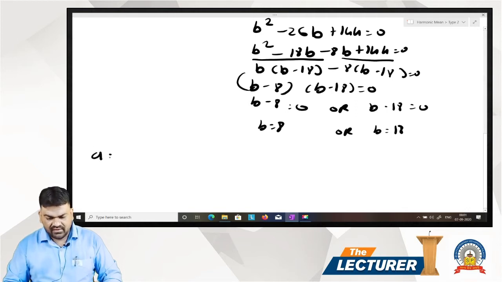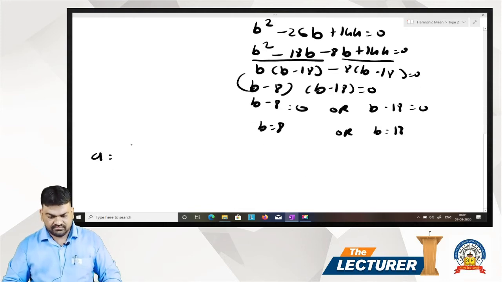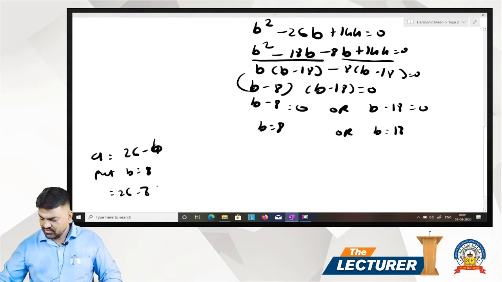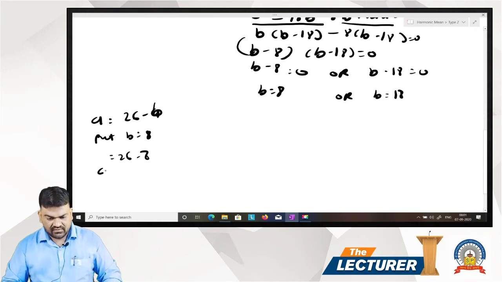What is A? A is equal to 26 minus B. Put B is equal to 8: 26 minus 8, that is 18, so A is equal to 18.